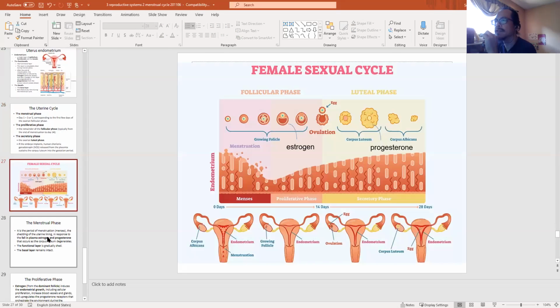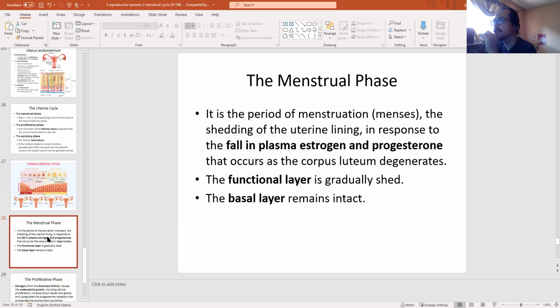So that's that. The first phase is the menstrual phase. This is menstruation.